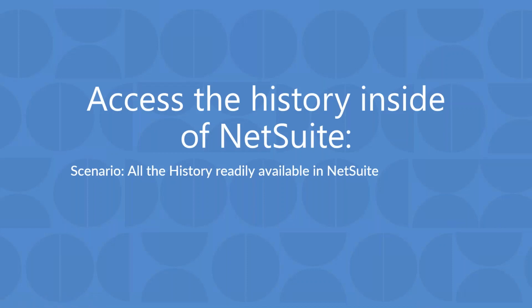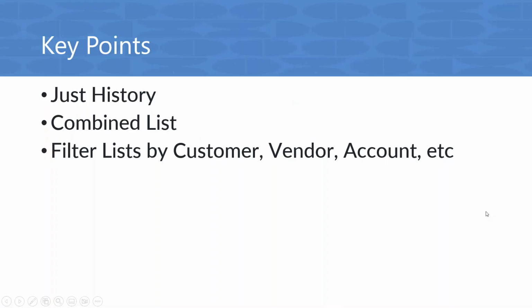The biggest thing we're here for today is: how do I see all of that history? If I've moved to NetSuite, how am I able to view that information without my new users needing to leave the NetSuite interface? So the solution that you're going to see, we're going to talk about a couple of things that are possible.